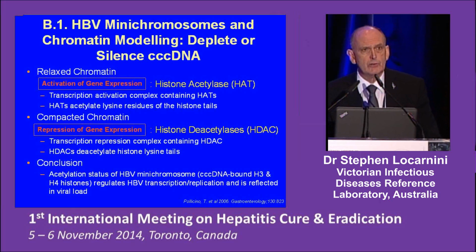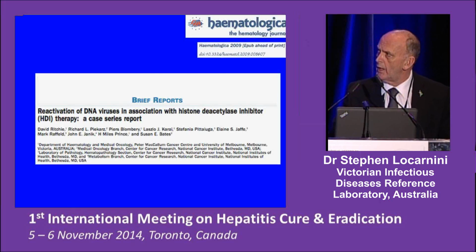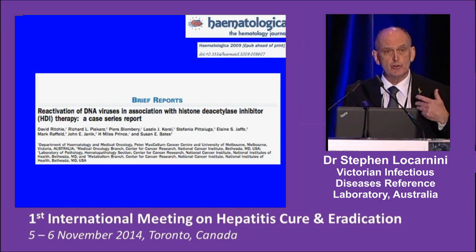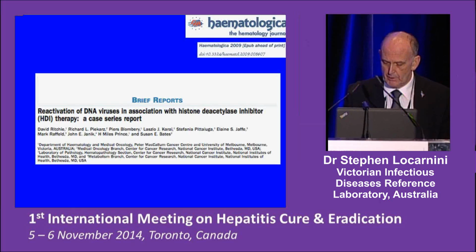Now, we've already got clinical validation of that through wider use of the histone deacetylase inhibitor group, and we've seen evidence of not just hepatitis B but also papillomavirus reactivation in cancer patients who have gone on to these inhibitors. So yes, if you use drugs that modify the chromatin, you're going to see effects on the hepatitis B virus.